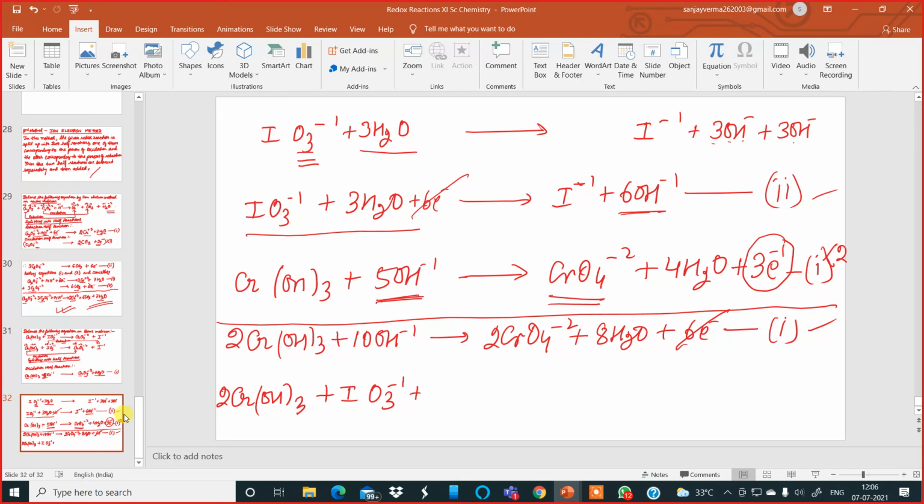On the other side I can put 4 OH minus 1, so I'll leave this much only over here because this side OH is more, so that goes on the other side, so I'll put an arrow and then I'll write 2CrO4 minus 2 plus I minus 1 plus, check the water also, water is 4 over here, water is 3 over here, this side water is more, so 1 water molecule plus 1 hydroxyl ion, OH minus 1. So now if you check the equation, it is balanced now.